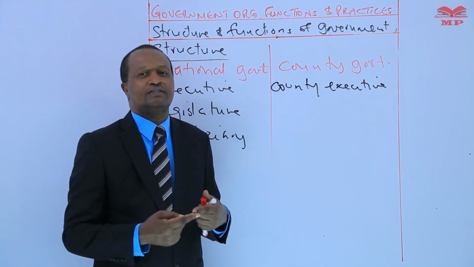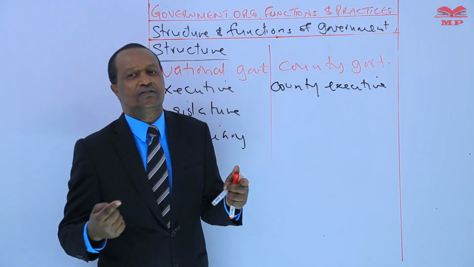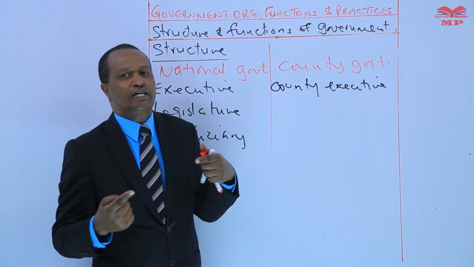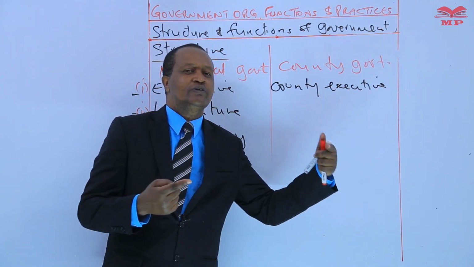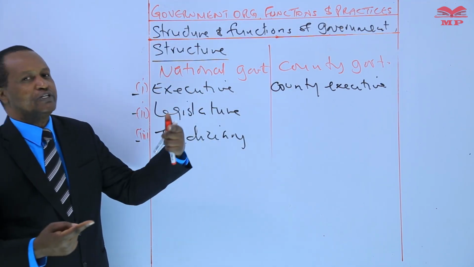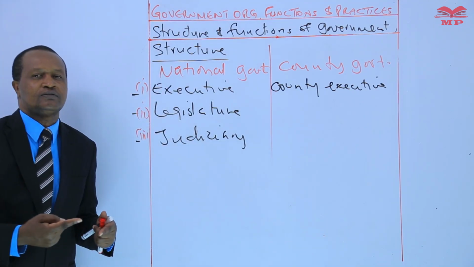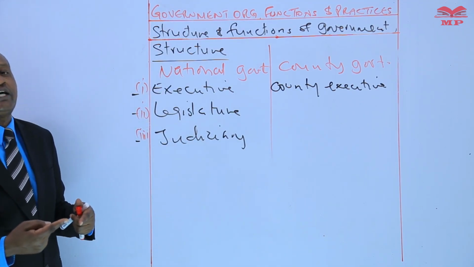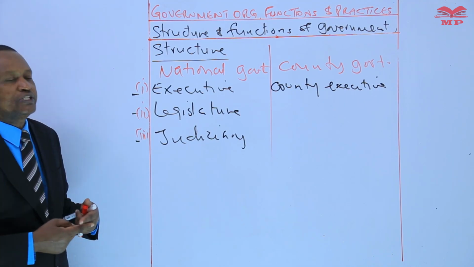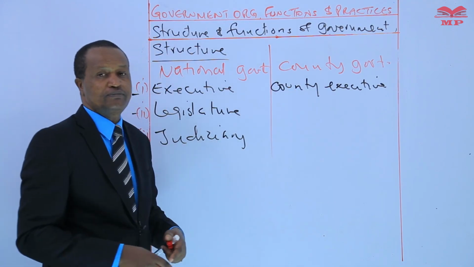The governor is assisted by the deputy governor of the county, right? And the county executive committee members, the CEC. These are responsible for the various departments of the county government.